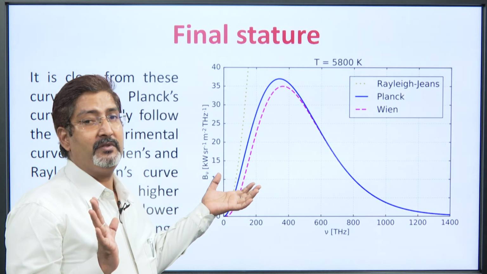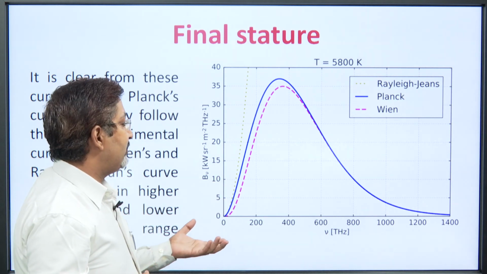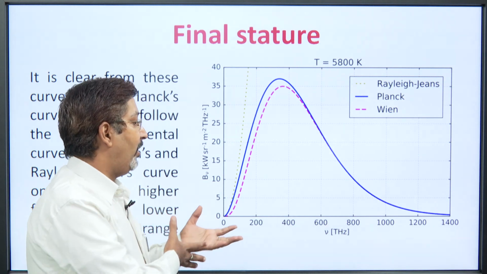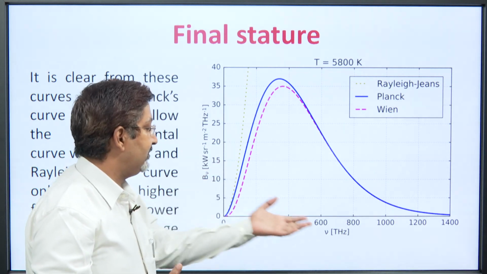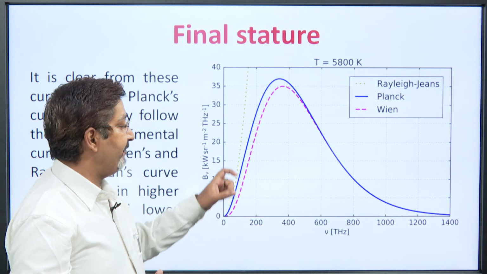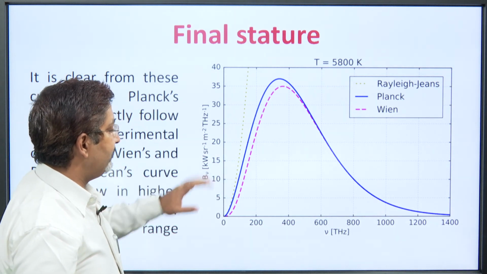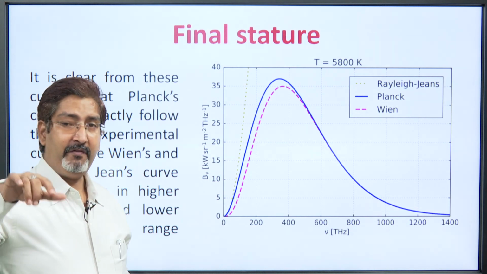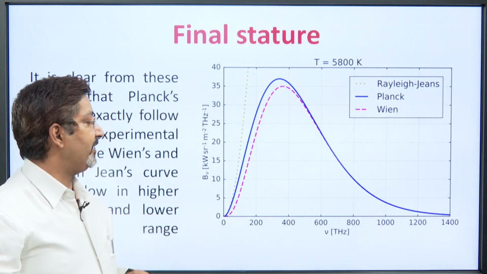Do not be confused. In many books you can see one time the figure versus lambda or the figure versus frequency. So, I have used both the curves: earlier we have seen it in terms of wavelength, now here in terms of frequency.